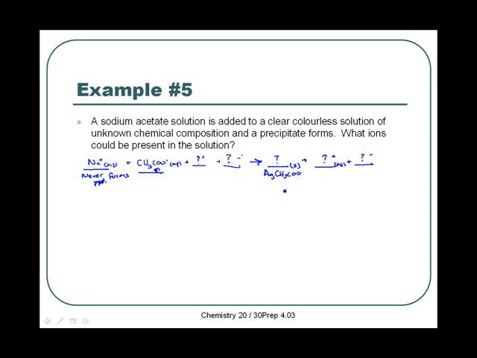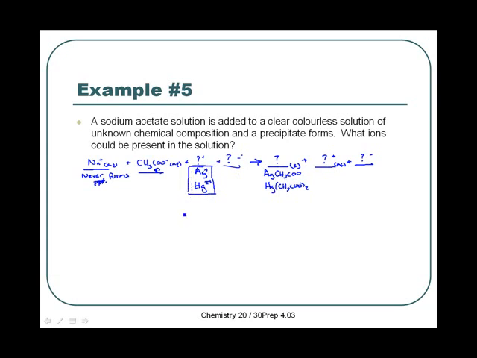That's one possibility. The other possibility is mercury, Hg(CH3COO)2, and it's mercury 2. So that means this positive ion can only be silver or mercury 2. Those are the only two possibilities. One of those two ions is in our solution.